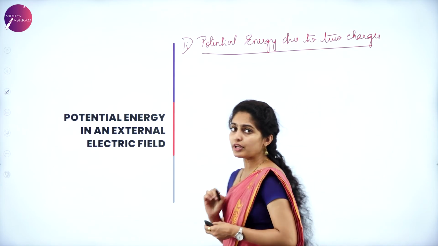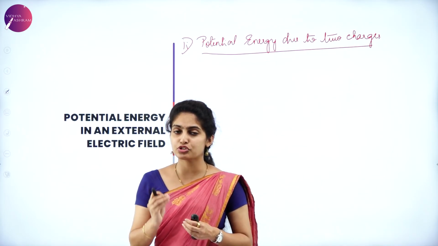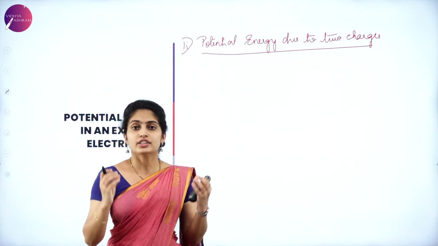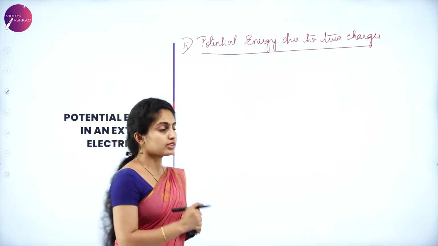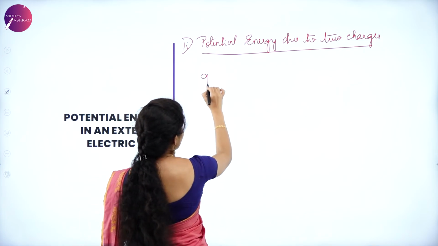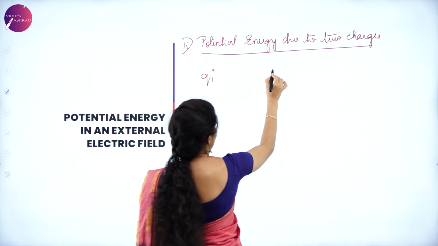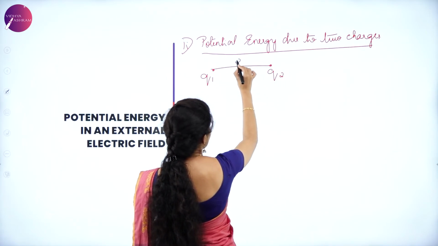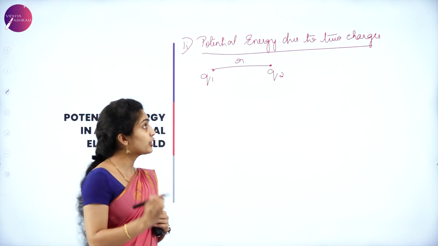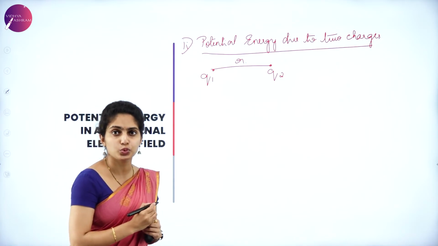As I told you previously, for the potential energy due to a system of charges, the charges are brought from infinite position to a certain point. Suppose you have two charges, Q1 and Q2, separated by a distance R. How do you give the potential energy due to two charges?